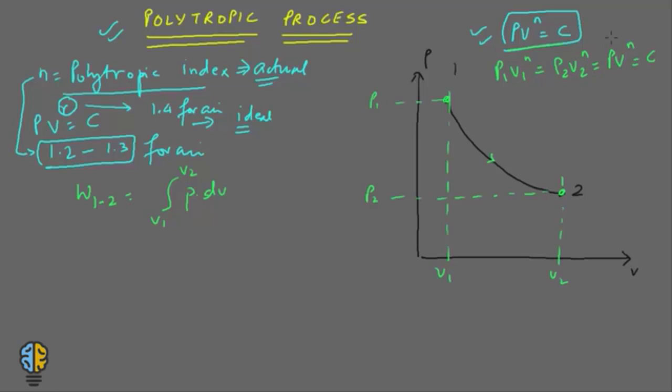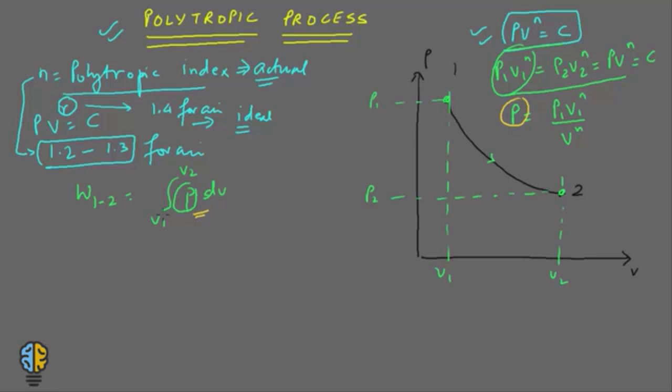From this equation I can find the value of P in terms of P1 V1. The value of P would become P1 V1 to the power n upon V to the power n. Let's substitute this value of P in this particular integral.